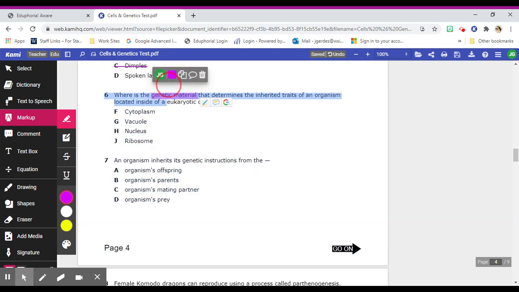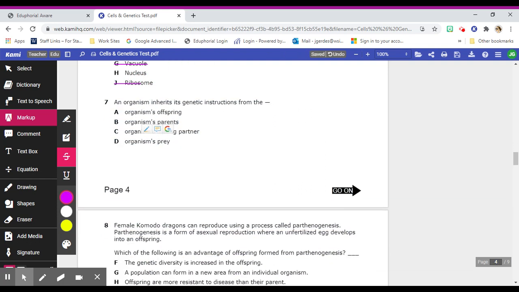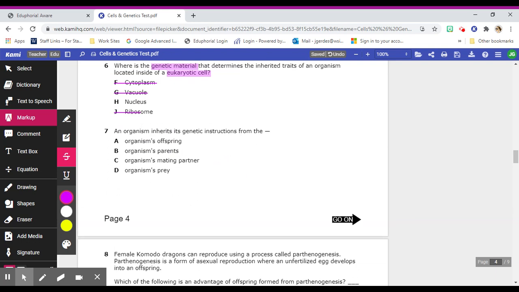Okay, so cytoplasm is the jelly, so you shouldn't have said that one. Cytoplasm is the jelly. That's where all the organelles live. Vacuole is the bag, so you wouldn't have picked that one. And we didn't really talk about the ribosomes in class, so you should not have picked J. So your answer for number 6 should have been H.